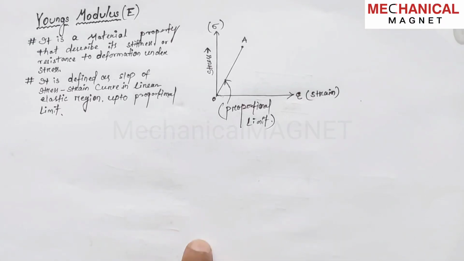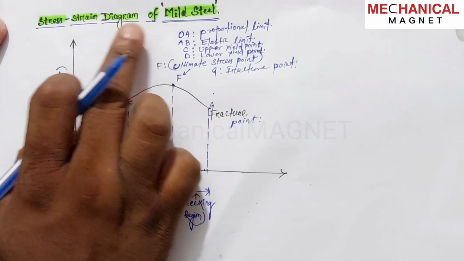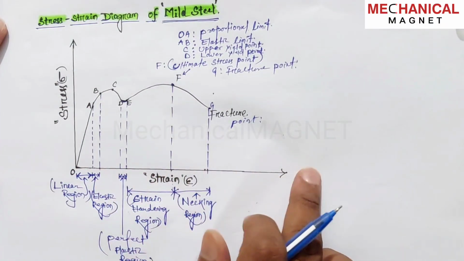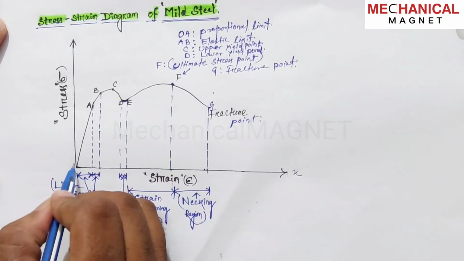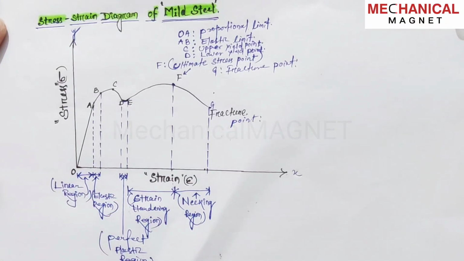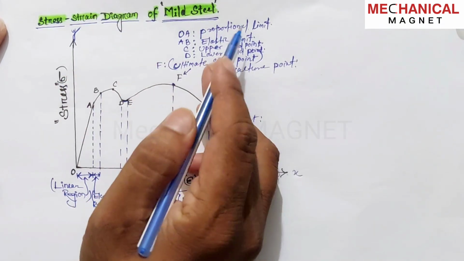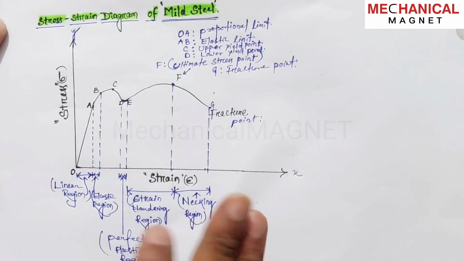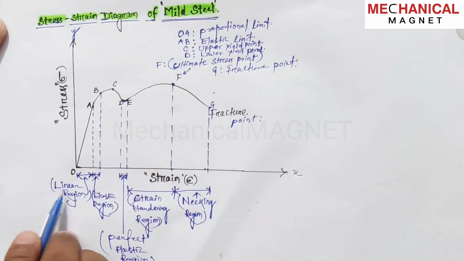So we have, you can see this diagram. This is the stress-strain diagram of mild steel, and this is the x-axis which represents the strain, and this is the y-axis which represents the stress sigma. So here you can see for mild steel the stress-strain diagram is like this. O to A is the linear region.